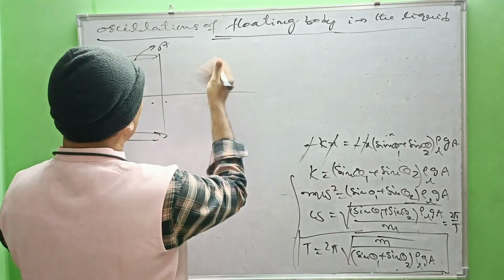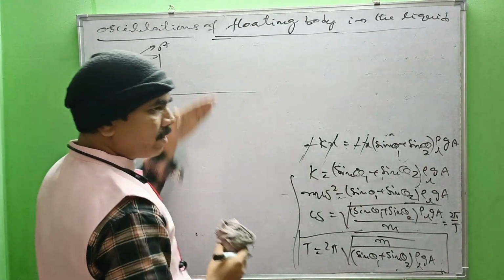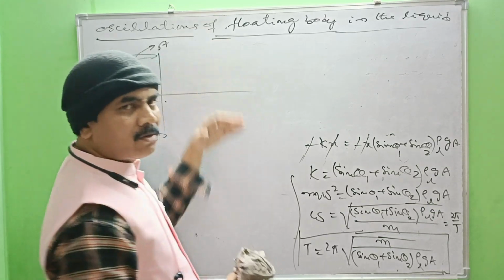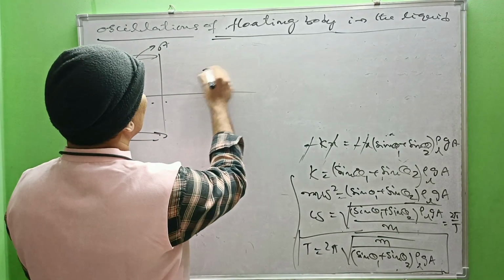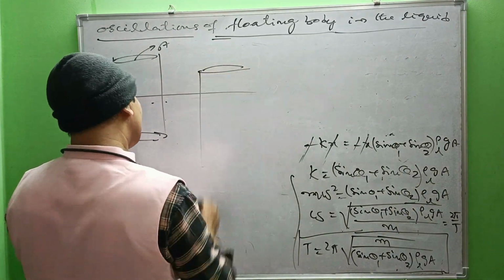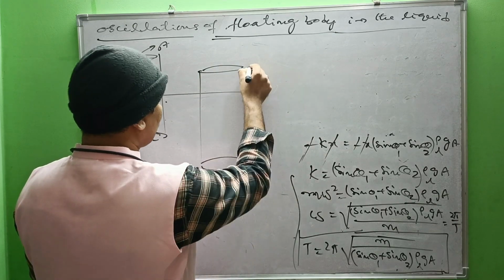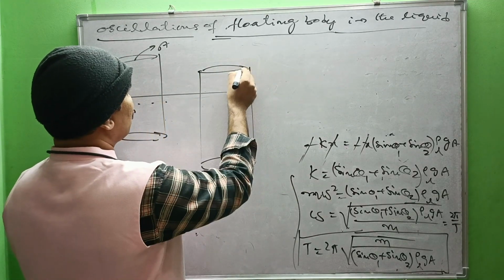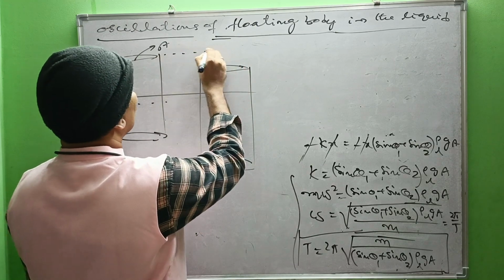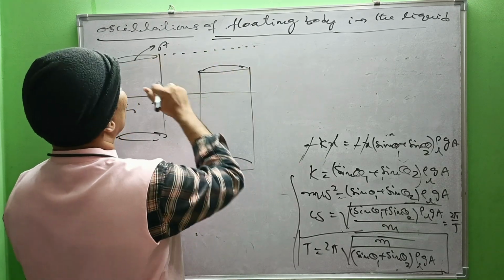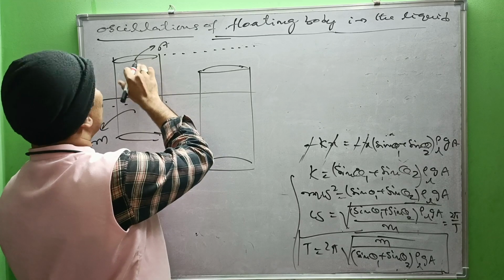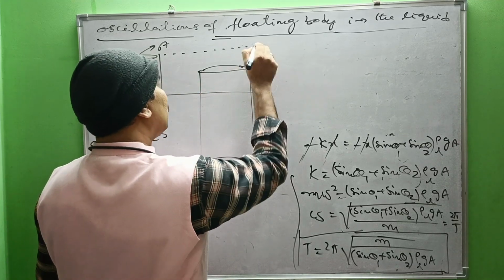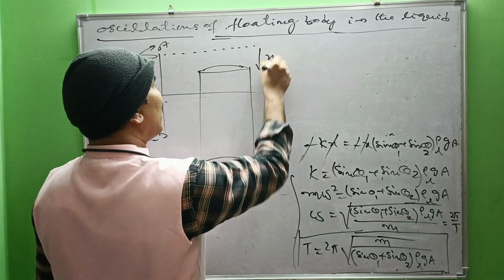Now the first step is over, next step. It is to be depressed through a small amount like this. See here, the same device is depressed like this. So this is the previous level of the top portion. Now this is depressed through a distance y like this.